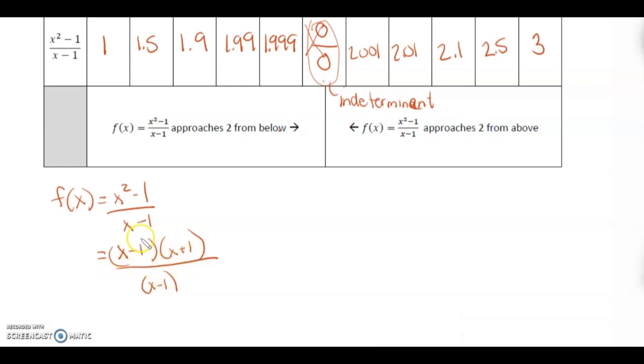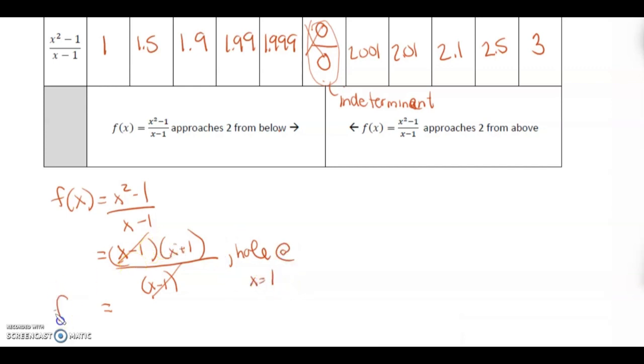So from advanced functions, when we cancel out in a rational function a term in the top and a term in the bottom, and it involves an x value, what ends up happening is there's a hole. So there's going to be a hole at x equals 1.